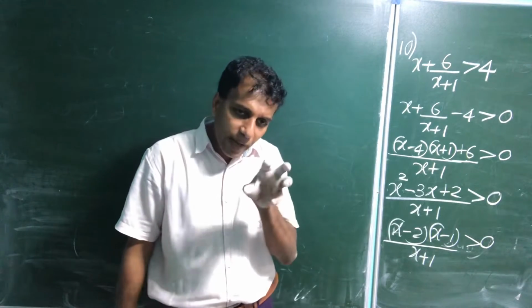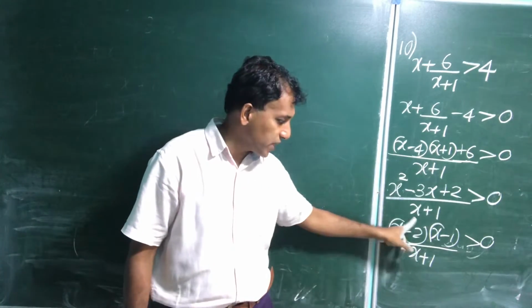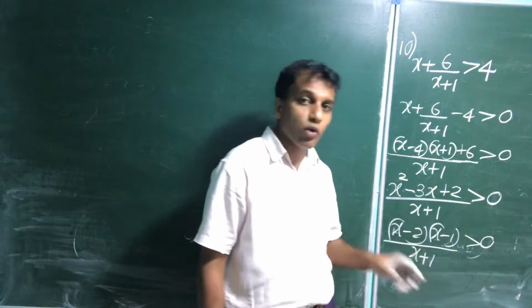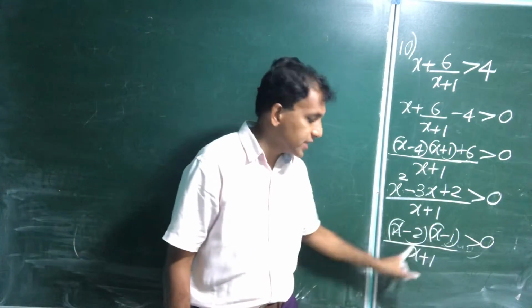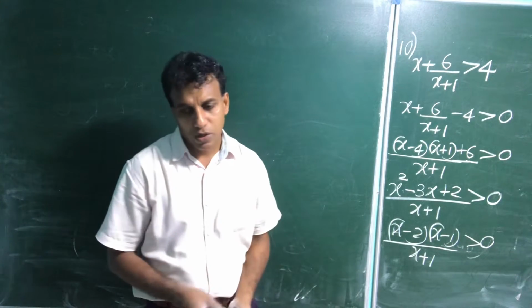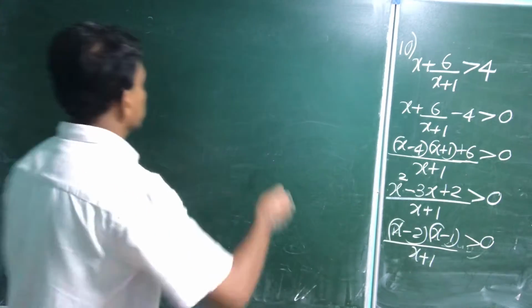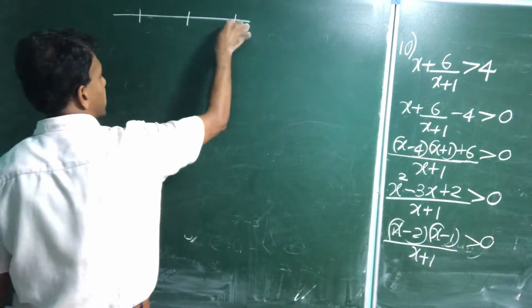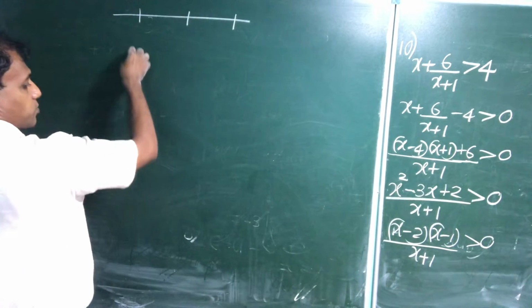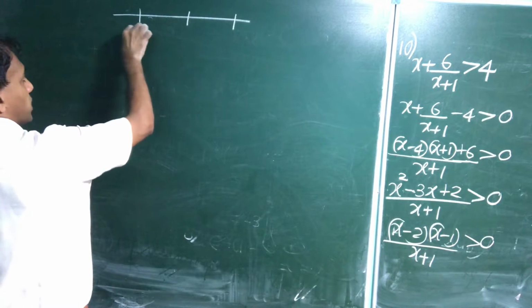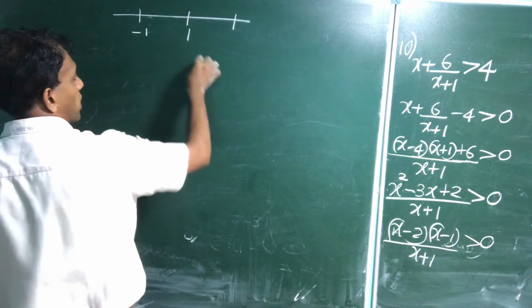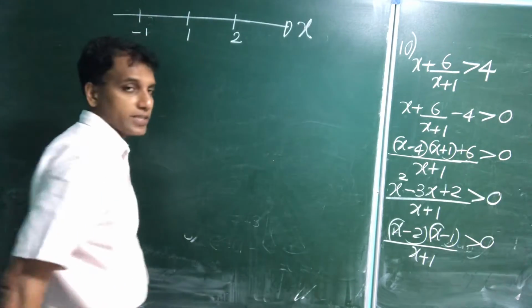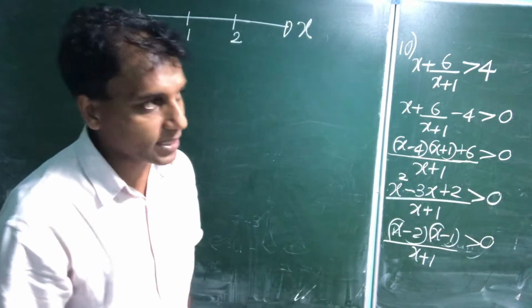Make every bracket 0: x = 2, x = 1, and x = -1. On a number line, the three values are -1, then 1, then 2. This is the x-axis, the number line along x.